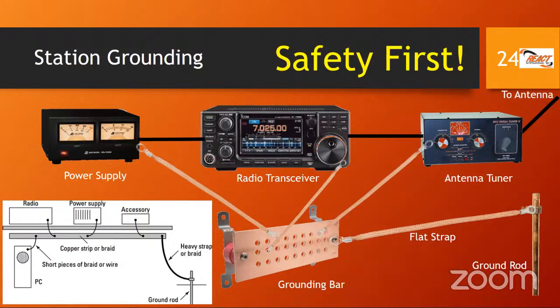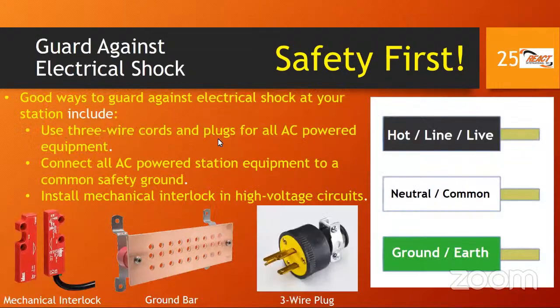And we do have some exam questions in relation to that. So we need to know for the exam that there are a couple of ways to guard against getting an electric shock. So one of them, we kind of discussed previously: use 3-wire cords and plugs for all AC powered equipment.